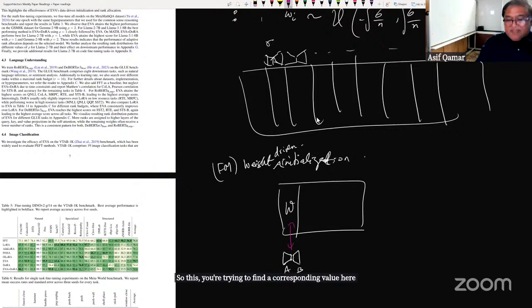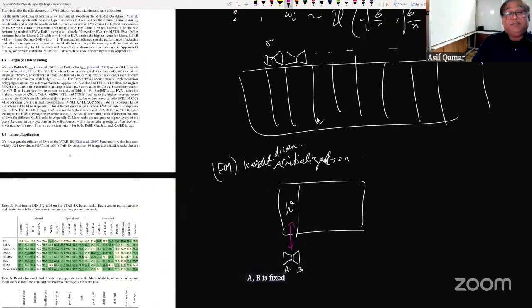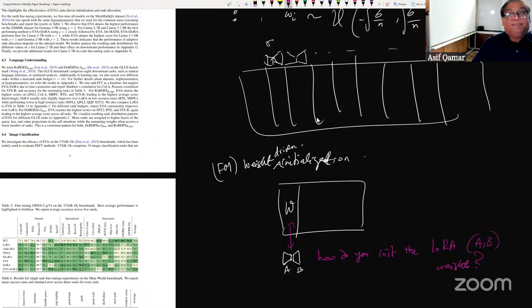Now, what you can do is this. Weight initialization means you take whatever rank you want to take. Let's say that you chose rank 5. The shape of A and B is fixed. But still the question is, how do you initialize the weights of LoRA? And the answer that people give is, look, guys, this foundational model, the weights are there for a reason.